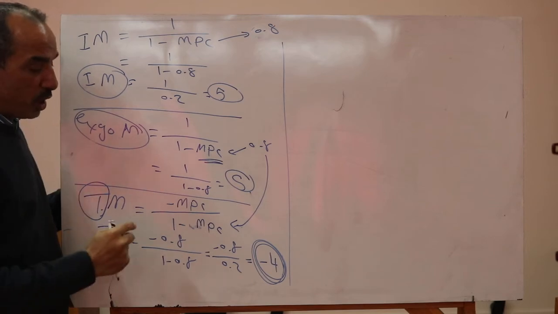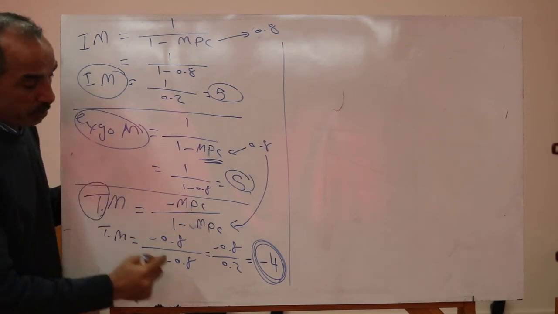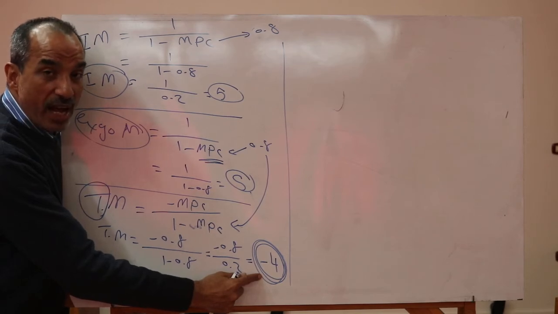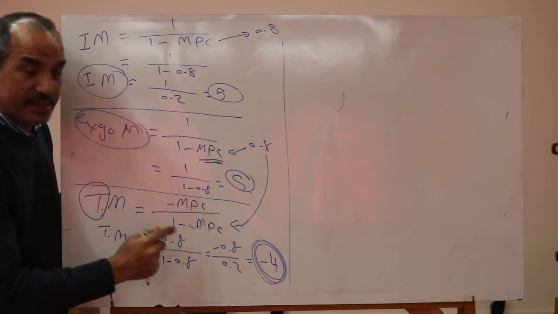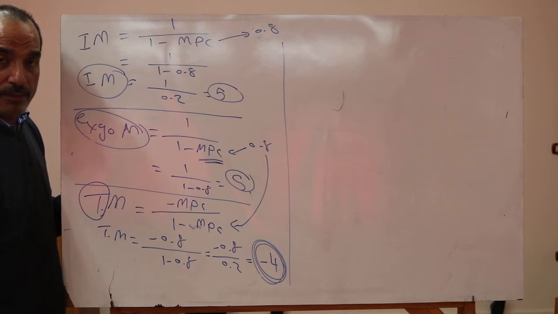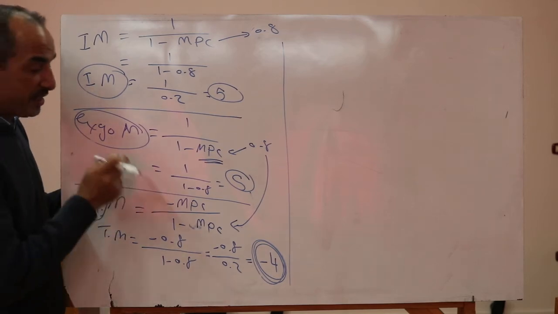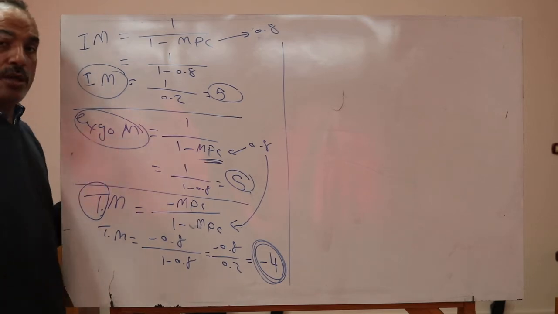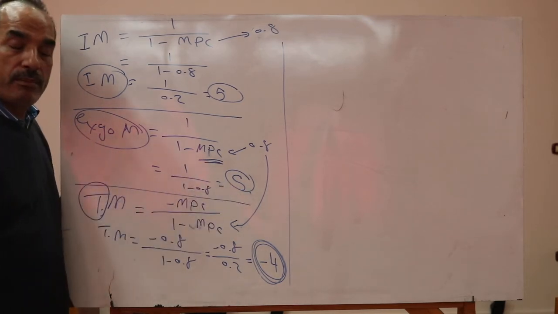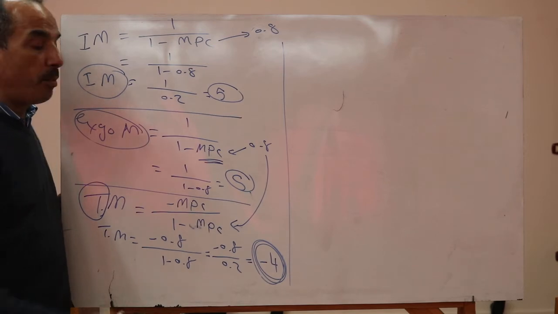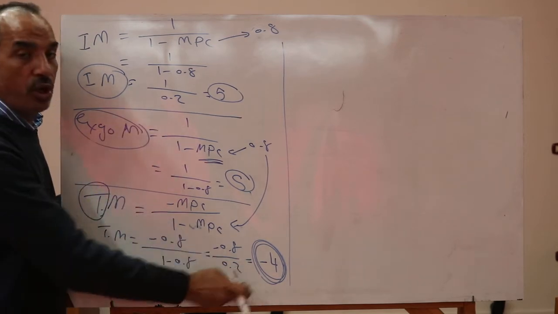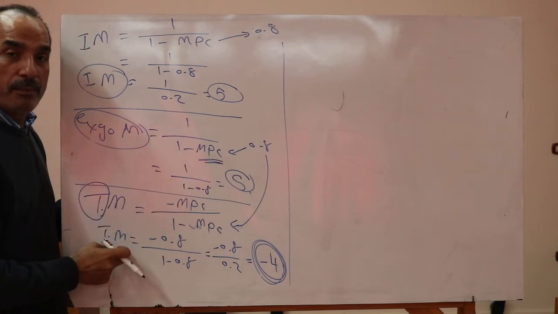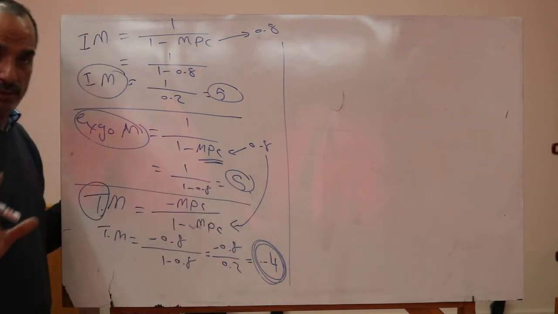So, two notes. Number one, the tax multiplier must be negative. Why? We have a negative relation between taxes and equilibrium national income. Number two, the effect of government expenditure on equilibrium national income is greater than the effect of taxes on national income. Why? Because the expenditure multiplier is greater than the taxes multiplier by 1 unit.